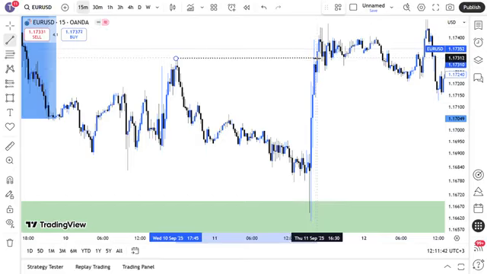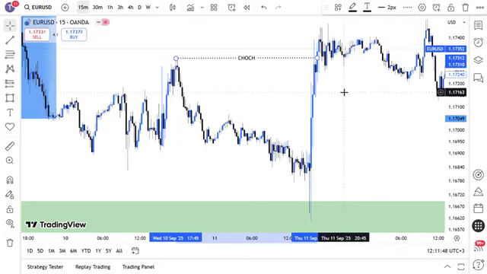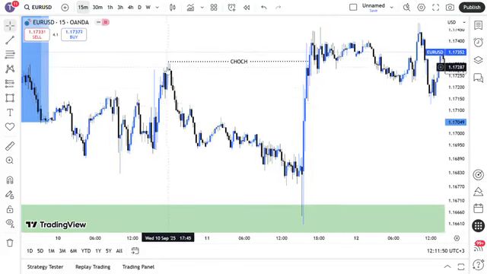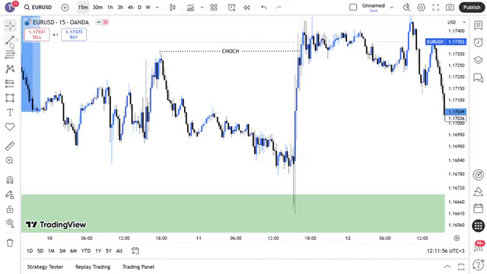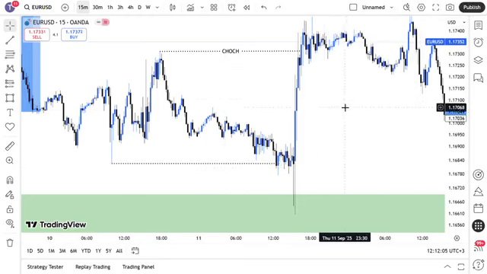The internal structure: the recent high was taken out, so that is the change of character. This high swept liquidity on this side and went down. We can see that this low was taken out, there is some candle close to the downside, so that is the break of structure.